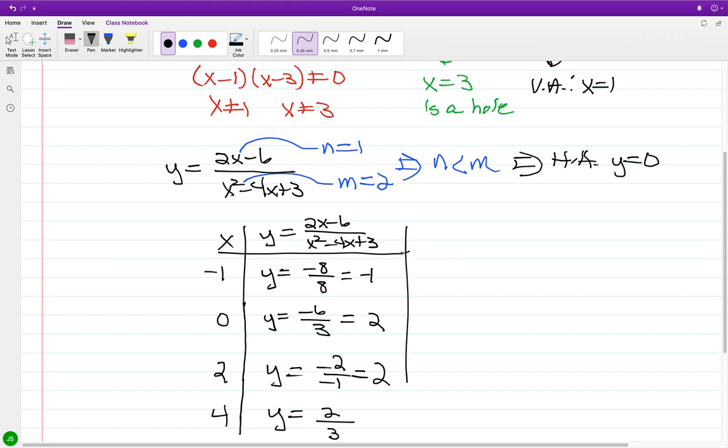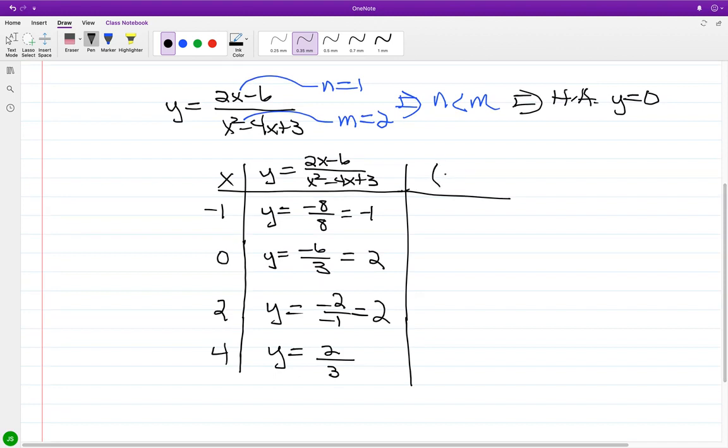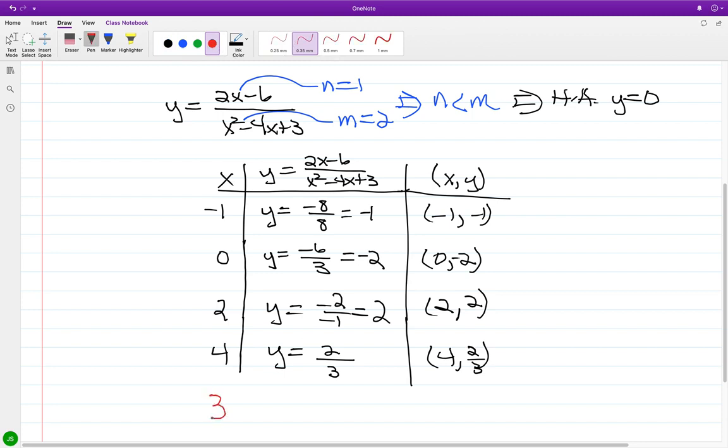So for the ordered pairs that you would have here, with x and y, I have (-1, -1), (0, -2), (2, 2), and (4, 2/3).